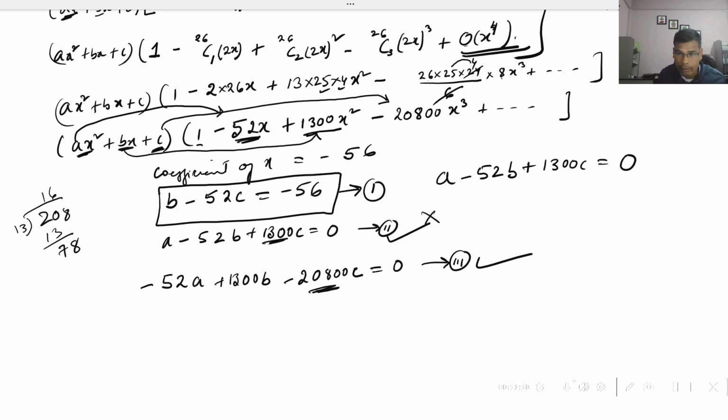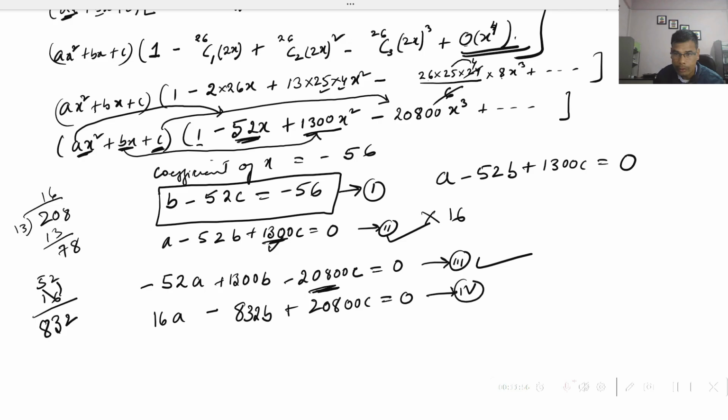So we multiply here by 16, so we'll get 16a, and then minus 16 into 52, if we multiply here, we get 832b, then 16 into this will be exactly 20800c. So this is equal to 0.